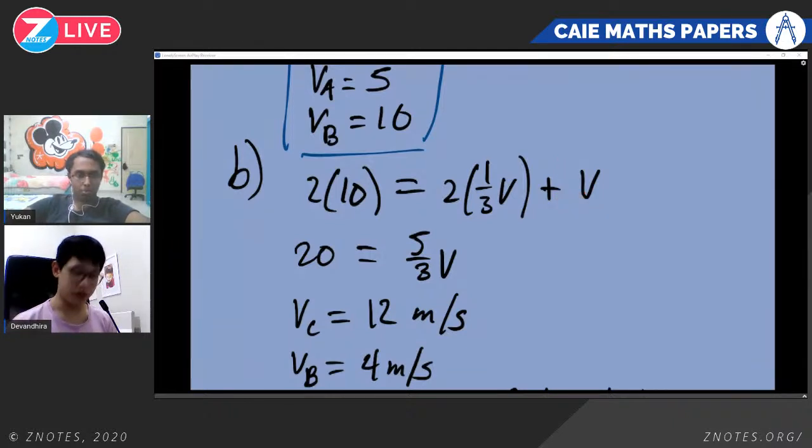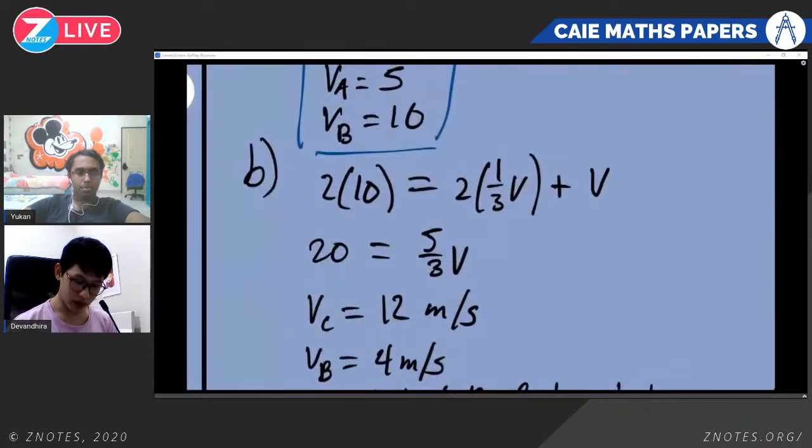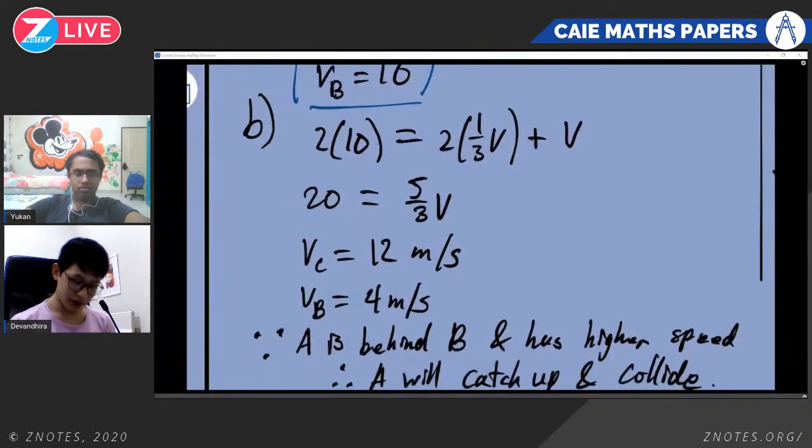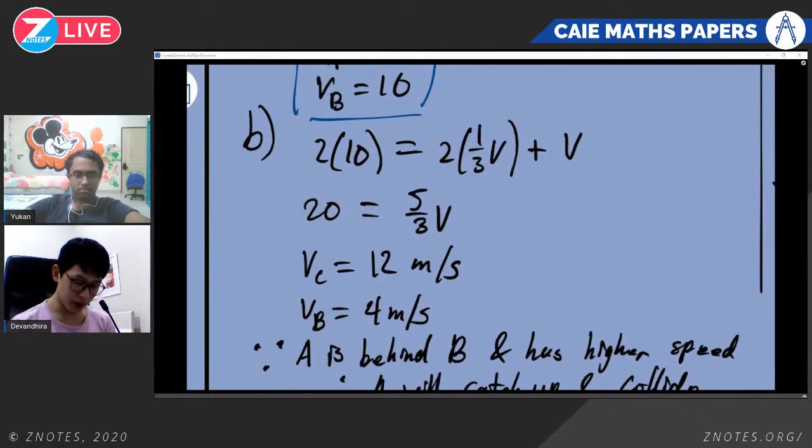So we can solve this now. 2 times 10 is 20. Then 2/3 plus 1 is 5/3. We cross multiply: 20 times 3/5 is 12 meters per second. So the speed of C is 12 meters per second.